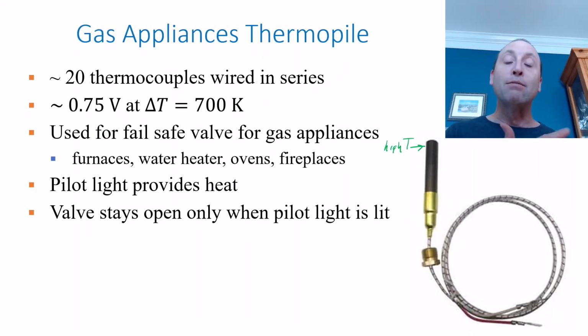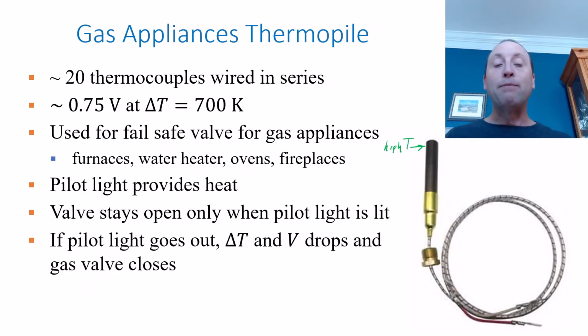So it keeps the gas valve open, so that when I turn on my fireplace or the thermostat turns on the burner in my hot water heater, it can heat the water. But if the pilot light goes out, then the temperature drops, the voltage drops, and that valve will close, and that's just a safety. We don't want gas running if the pilot light goes out.